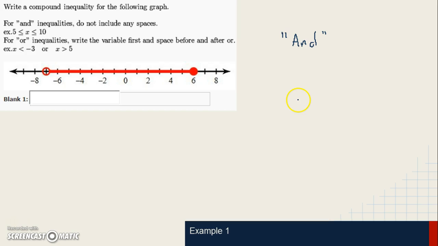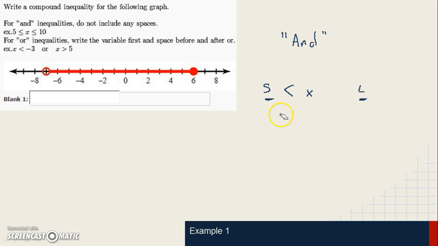And if it's an AND compound inequality, I know that I'm going to have x, or the values that are part of the solution, in the middle, with my smallest value on the left and my largest value on the right, and a symbol in between my smallest value and x and a symbol in between x and my largest value.